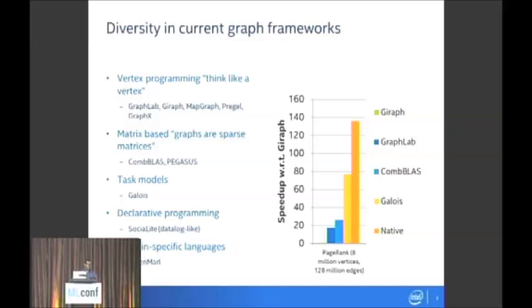So you can actually get much higher speedups if you're willing to hand-code your application. That's clear, but the gap is 2 orders of magnitude. And what we really want to do is stay in Giraffe or GraphLab, have the same productivity, but get performance that's closer to native code.